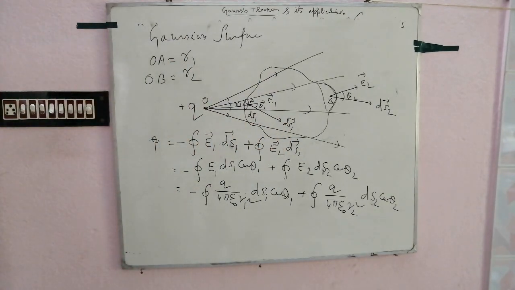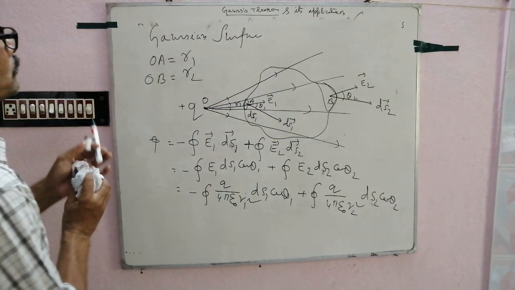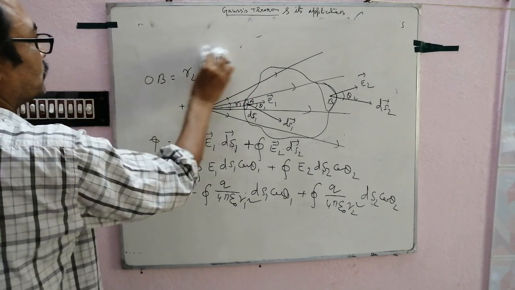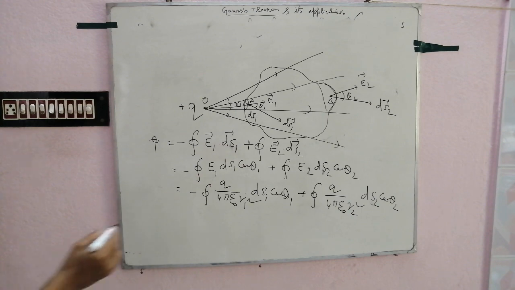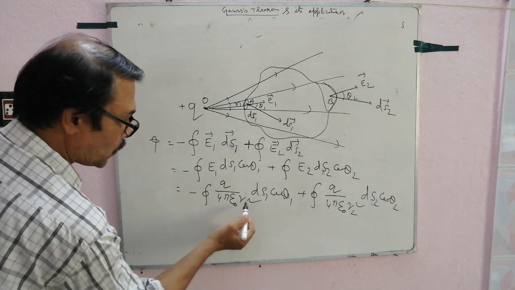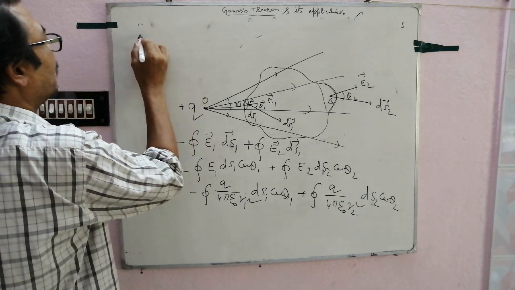Follow this equation. Now, what is this ds1 cos theta 1 by r square?